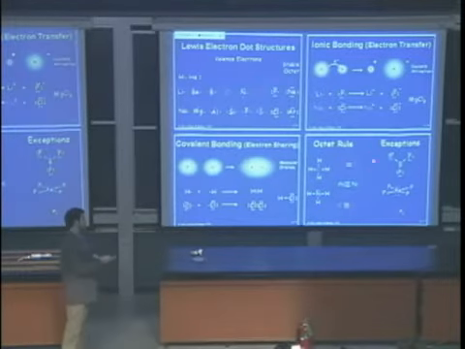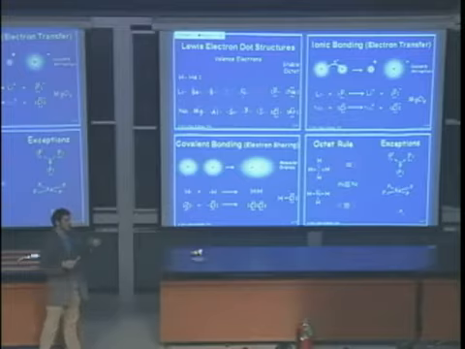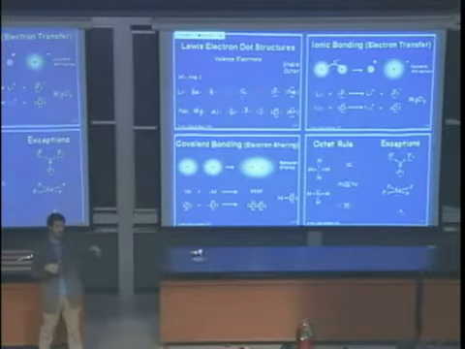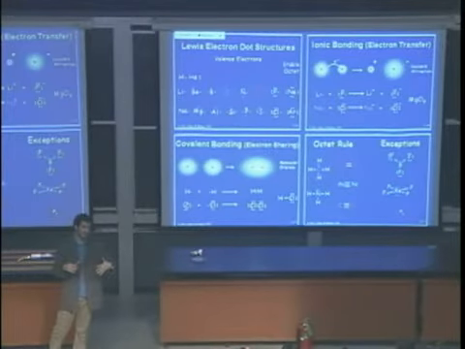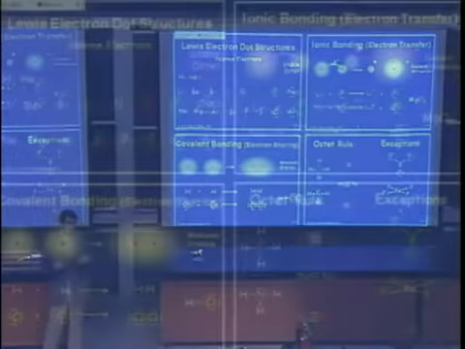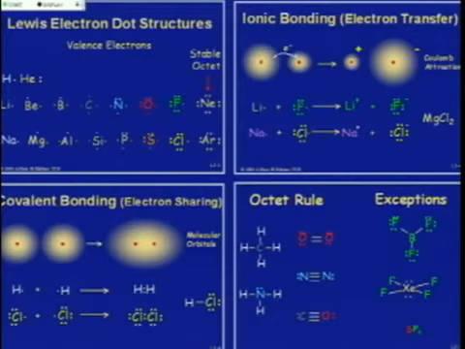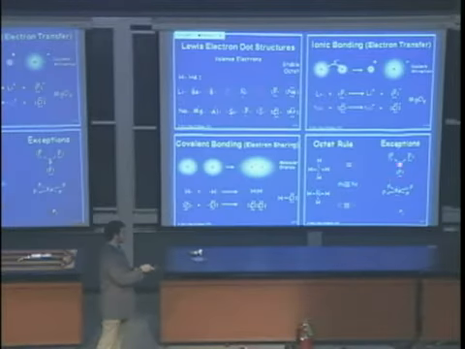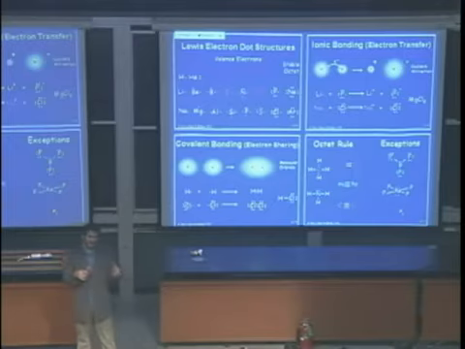Some of the exceptions, though, like we had BF3. Boron only has 3 valence electrons. Fluorine brings 7 to the table, so we've got a total of 24. Now, if we give an octet around all our fluorines, in order to get the octet around boron, we would have to form a double bond between a fluorine and a boron. And since fluorine is the most electronegative, it doesn't like to share electrons.